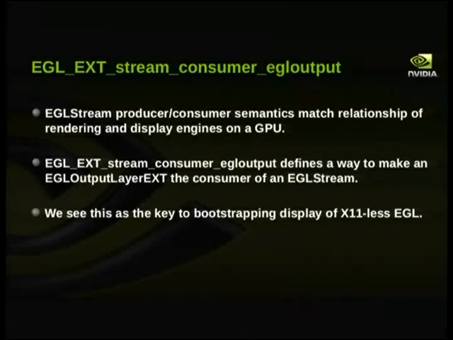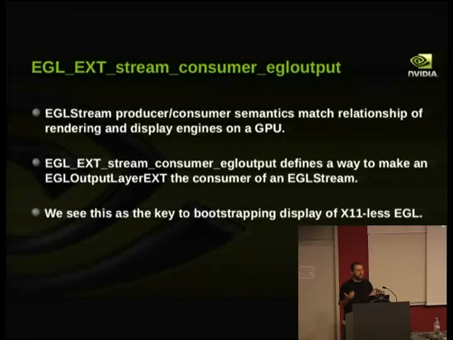To take that back to the EGL device and EGL output objects that I was talking about earlier, the EGL stream producer-consumer semantics, someone's producing a frame, someone's consuming that frame, match pretty well to the relationship of display to scanout in a GPU. So if we take that same paradigm and apply it with EGL output and EGL device, we get the EGL stream consumer EGL output extension.